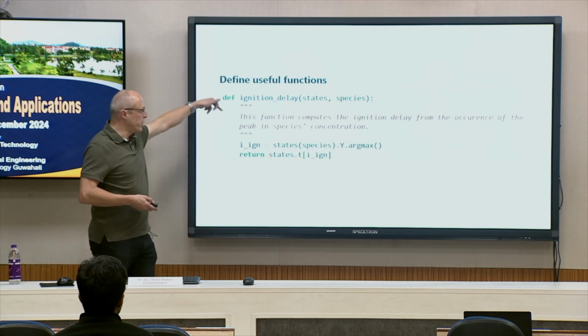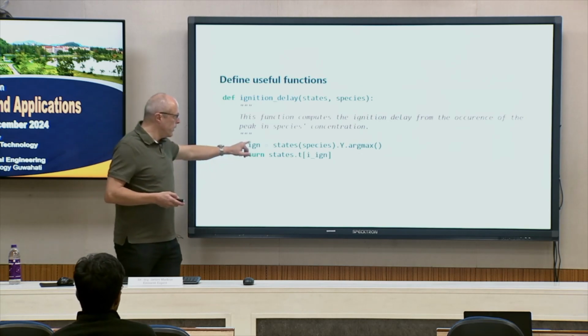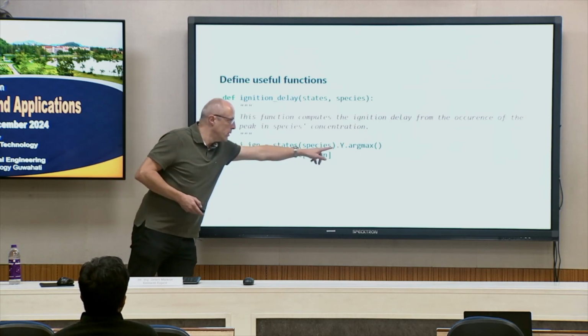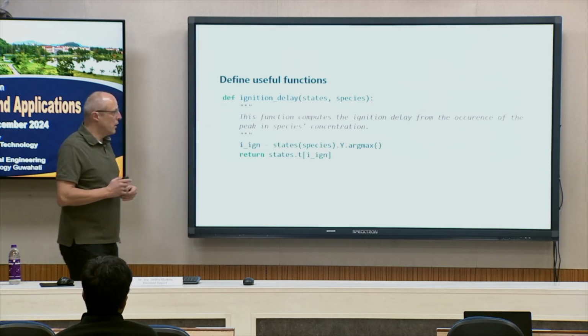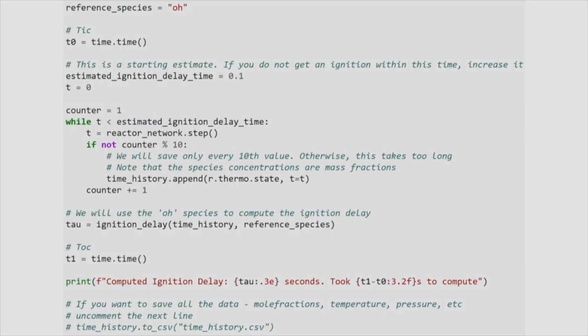Here in this example they have defined a specific function, and the ignition delay time is defined at the point where we get the maximum concentration of a species, and the reference species here is OH.